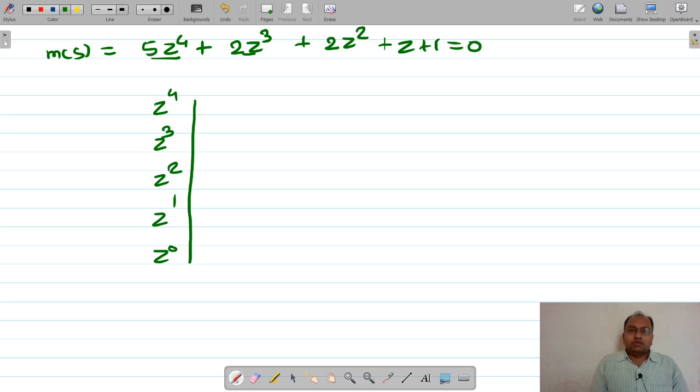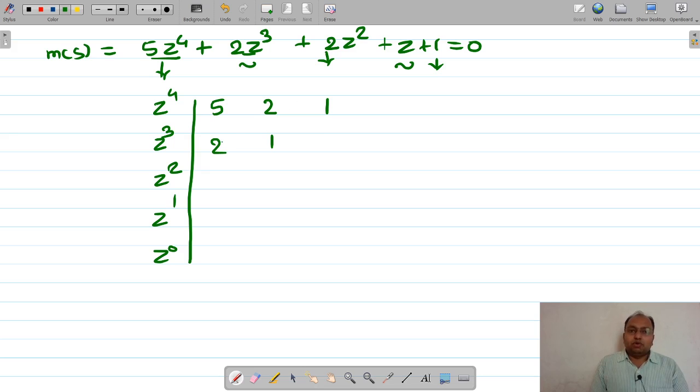So 5 will be here as it is, then 2, and lastly 1. We have taken alternate terms. Now let us take the other terms: 2 and 1, and there is no value after that, so we consider it as 0.